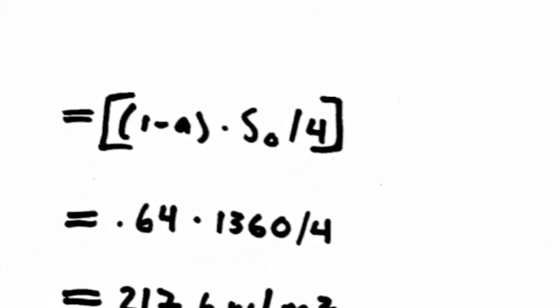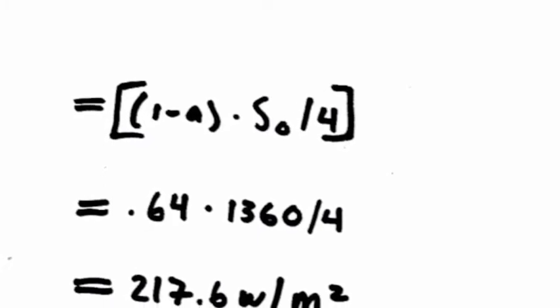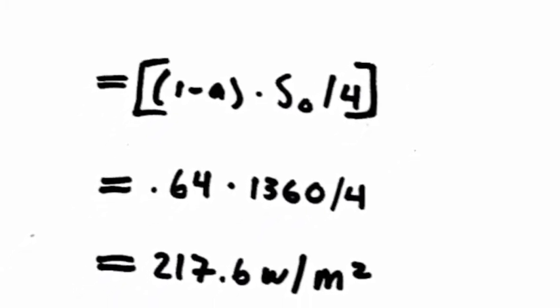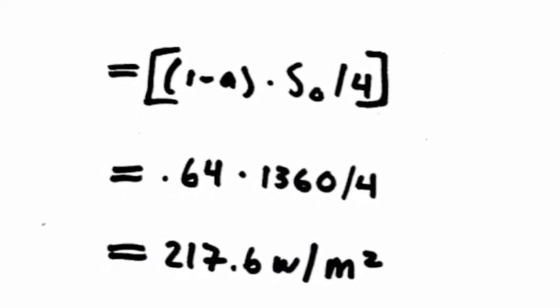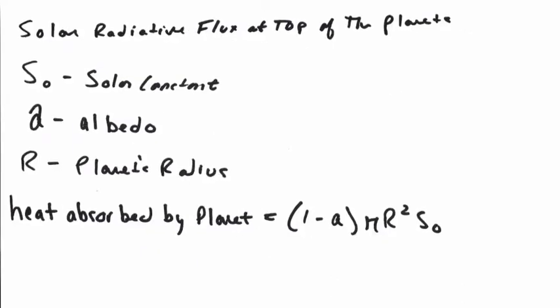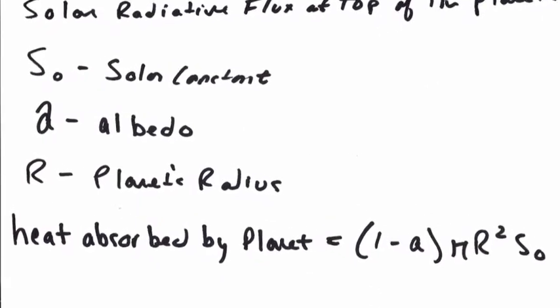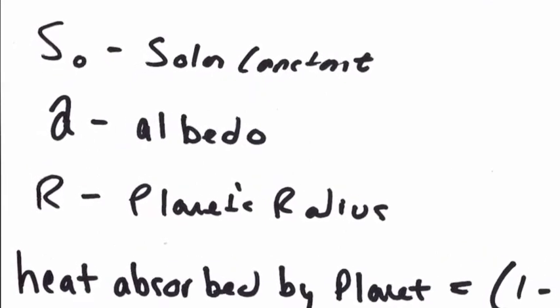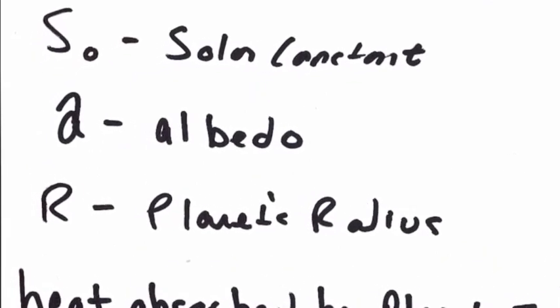Then we need to multiply by the factor of 0.64, which takes into account the fact that 36% of the incident solar radiation is reflected back into space by clouds, snow, and ice, and the light-colored sands of the deserts. The 0.64 is equivalent to the factor 1 minus A in the formula of the text, where A is the Earth's albedo.